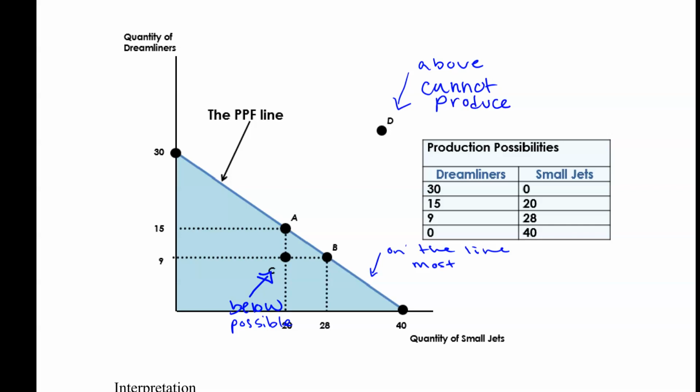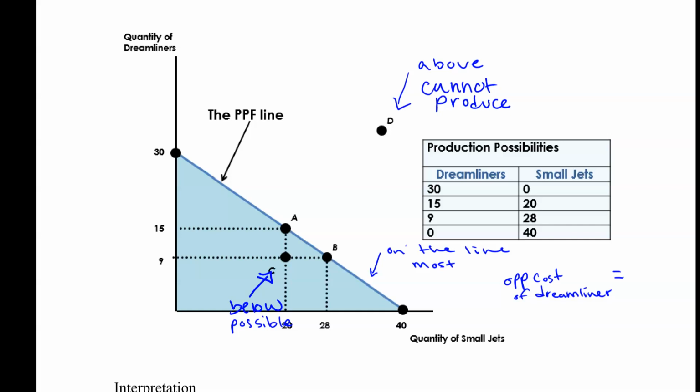Since we're talking about changing the combination of goods we produce, we've got an opportunity cost. So if we produce more Dreamliners, that's going to come at the cost of jets. So let's talk about the opportunity cost. So opportunity cost of a Dreamliner means for each Dreamliner, how much is my change in small jet?